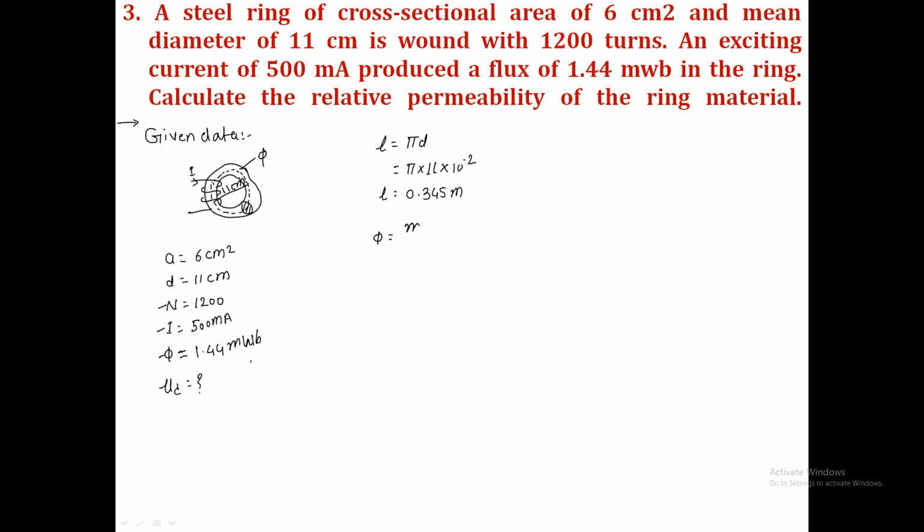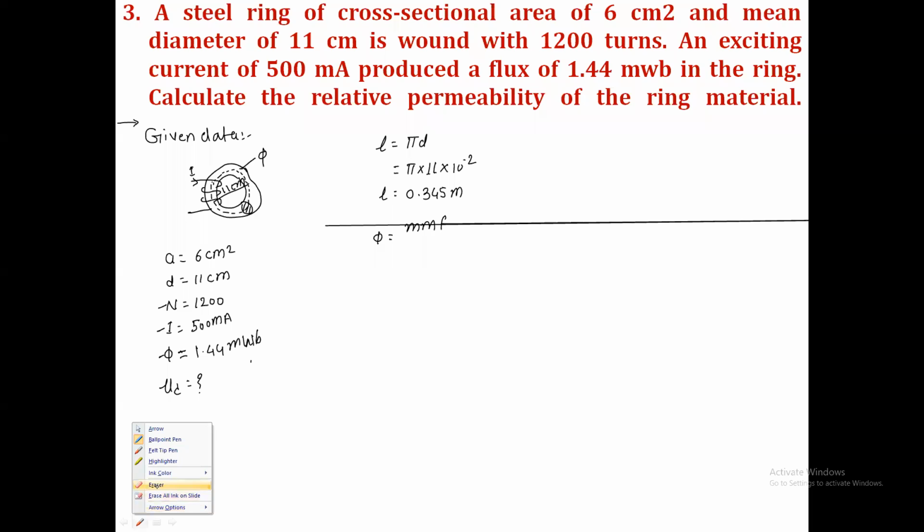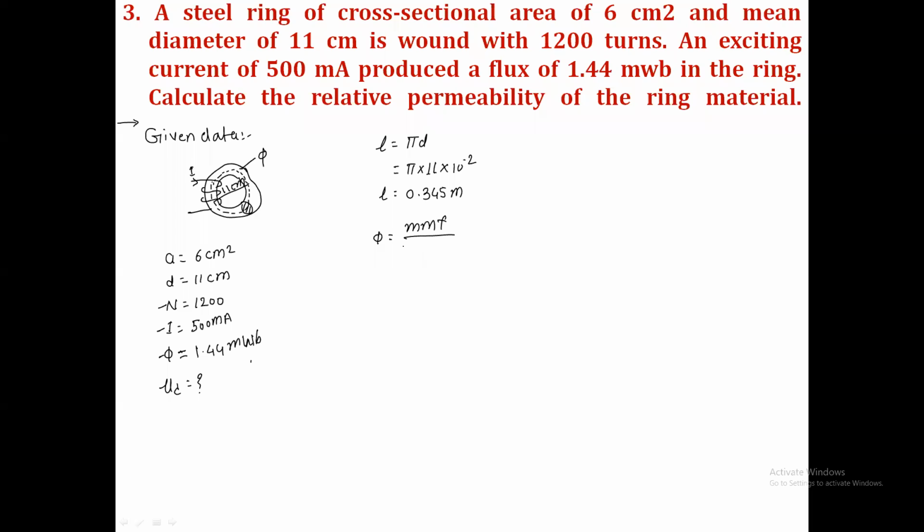Then we use the basic formula, phi is equal to MMF upon reluctance. This is my basic formula of a magnetic circuit. So I can write the reluctance, which is denoted by S, is equal to MMF, Ni, upon phi.